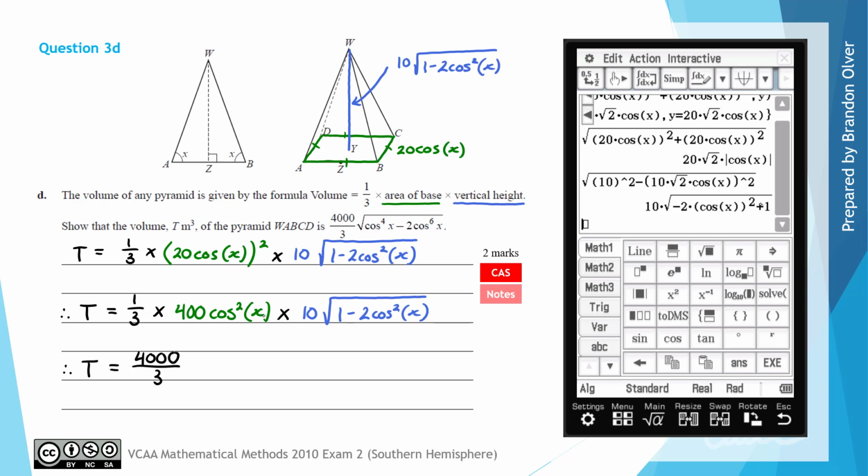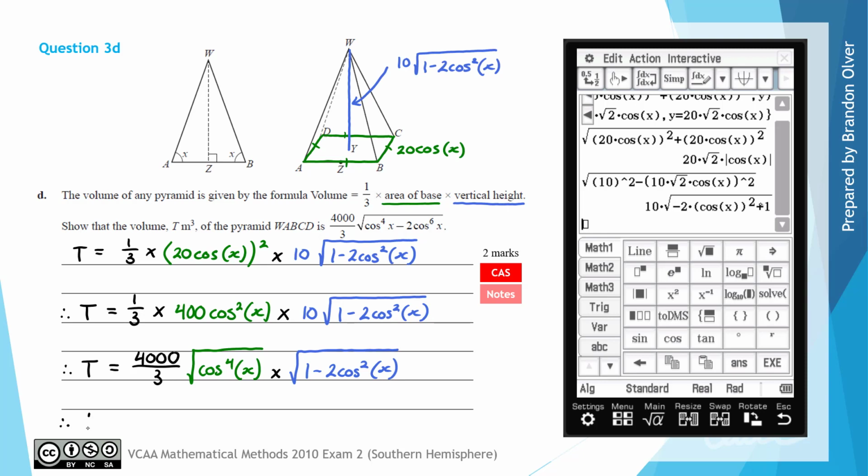And then the cos squared of x, I'm actually going to put under a square root sign as being cos to the power of 4 of x. That's just because we only want one surd at the end of the day. So by creating this into a surd, we can still multiply it by the next surd, which is the 1 minus 2 cos squared of x.